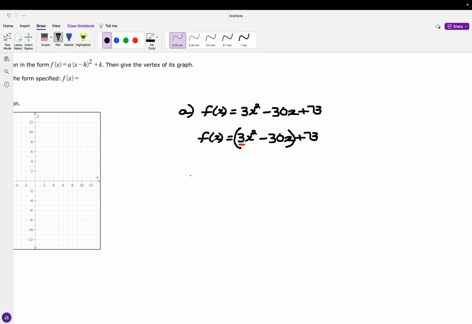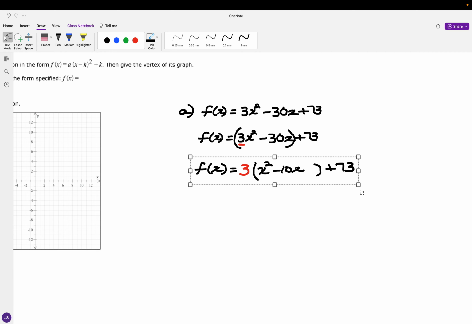So I'm going to rewrite the equation with 3 factored out: f of x is equal to 3 times the quantity x squared minus 10x. Upon factoring out 3, we're ready to move to the completion of the square.